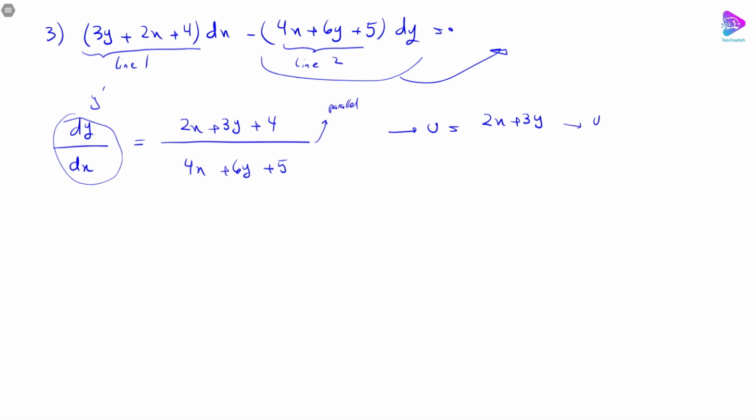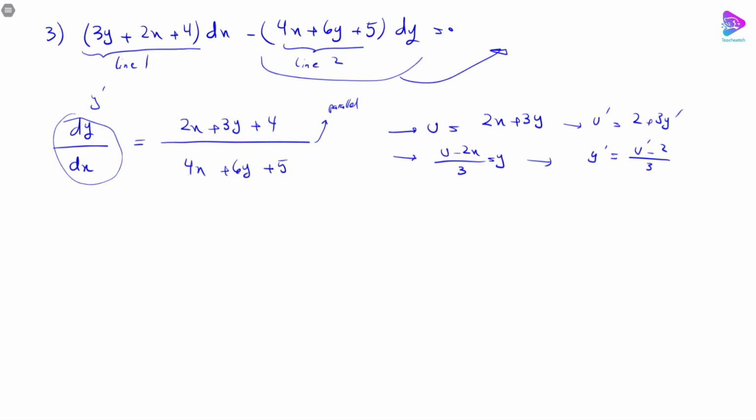So from here, u prime is equal to 2 plus 3y prime, right? And then y prime would be u prime minus 2 over 3. And from here you can also say u minus 2x over 3 is equal to y.